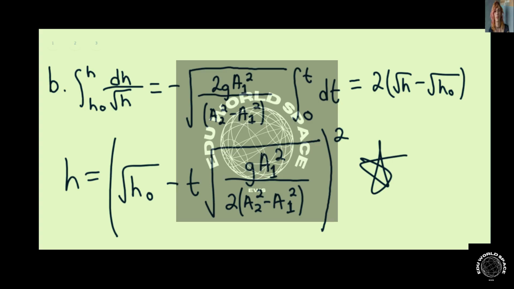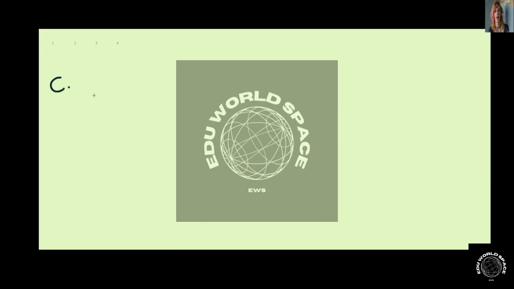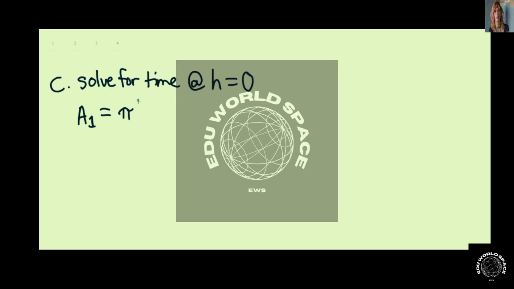And then finally for part C, we're going to solve for time at h equaling 0. And so a sub 1, let's calculate this first. This would be pi times 0.25 times 10 to the negative second meters quantity squared. This is equaling 1.963 times 10 to the negative fifth meters squared.